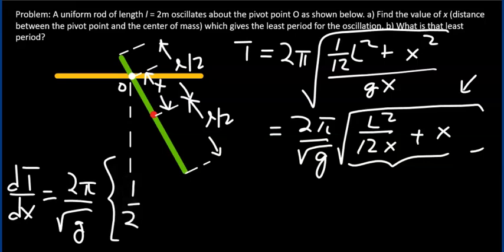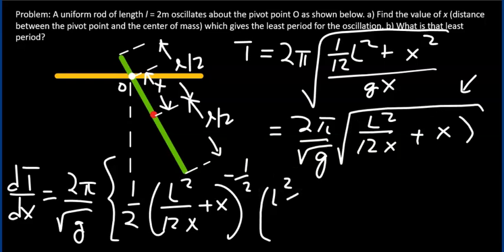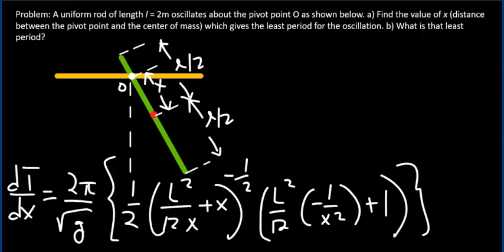It will be half (L²/12x + x) to the power minus half. Now you differentiate the term under the radical sign. So in this case, L²/12, when you differentiate 1/x, you get minus 1/x², plus differentiating x with respect to x, you get 1. And that's the total derivative.